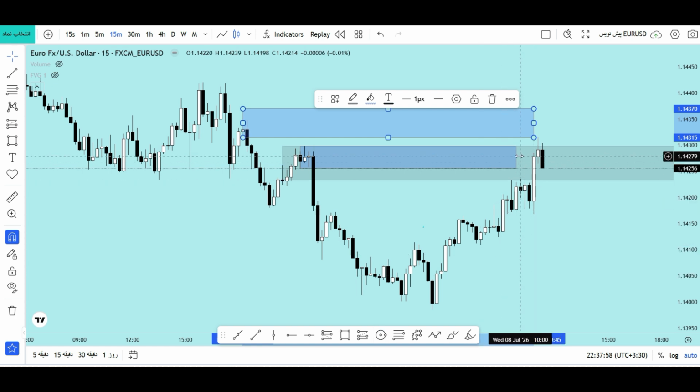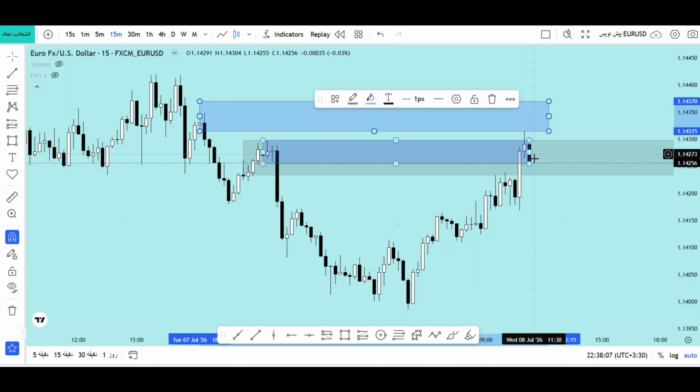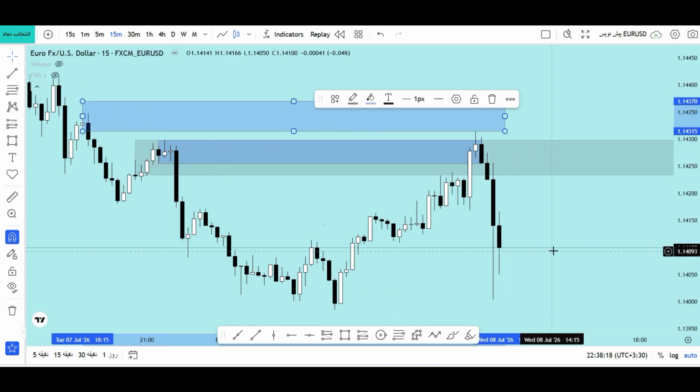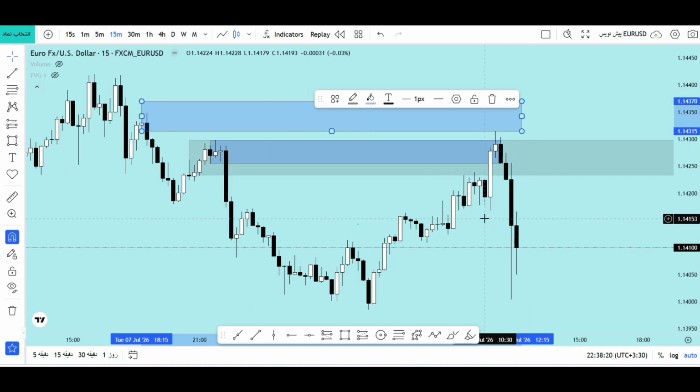As you see, price touched this area and made an engulfing candle, but we need a change of character at first. As you see, we have a change of character here, but price had a very fast reaction and goes to the danger zone.